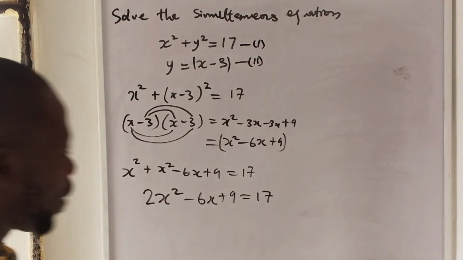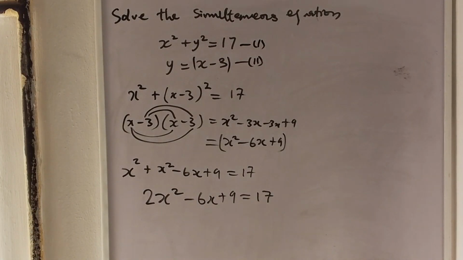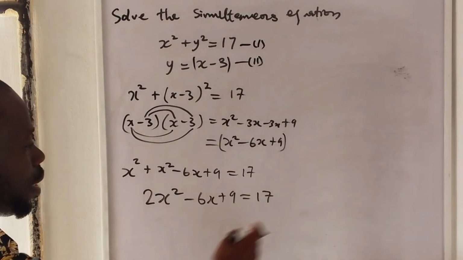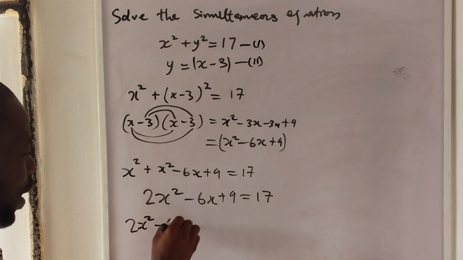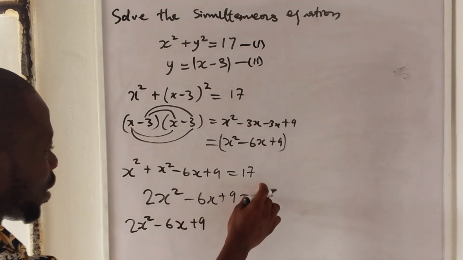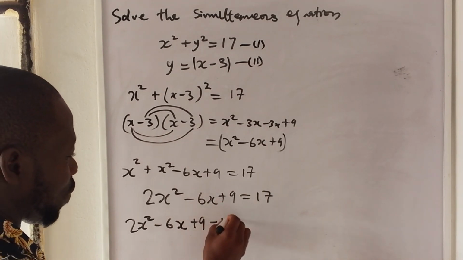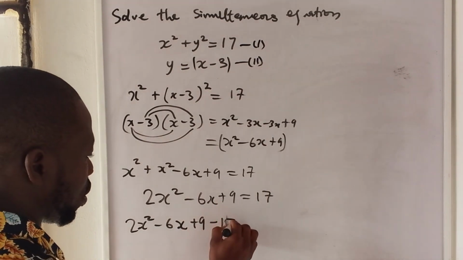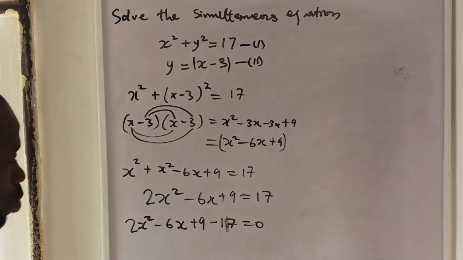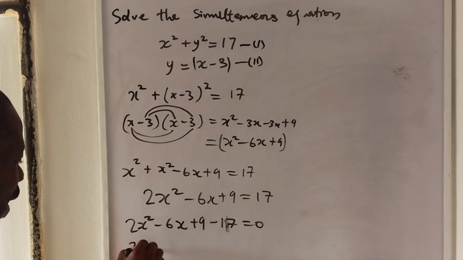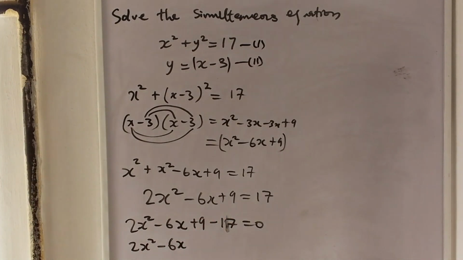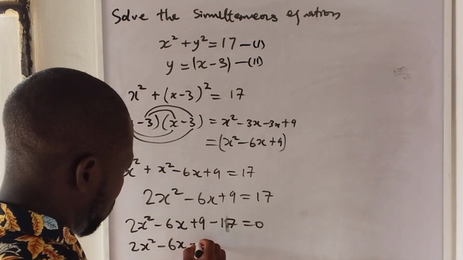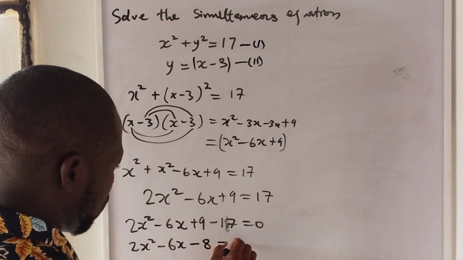All right, to make this a quadratic equation proper, you bring 17 to this side so that it will be equal to 0. So you have 2x squared minus 6x plus 9, and we are taking plus 17 to the other side, it becomes minus 17, is equal to 0. All right, so that gives you 2x squared minus 6x plus 9 minus 17, that gives us minus 8 equals to 0.